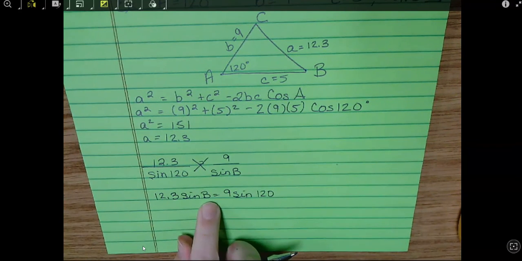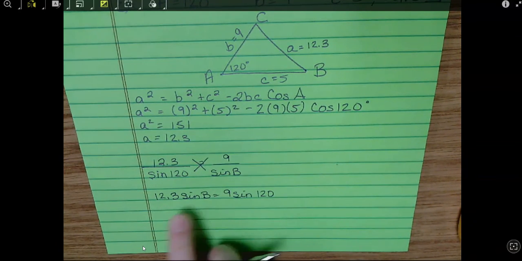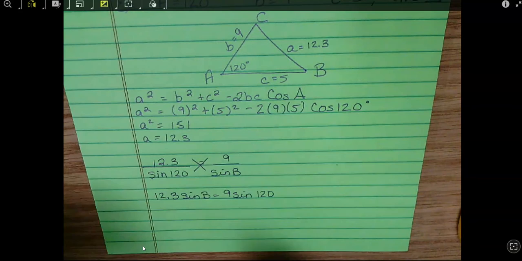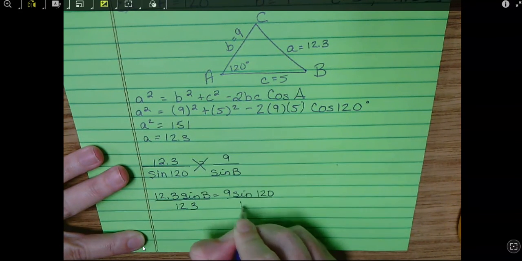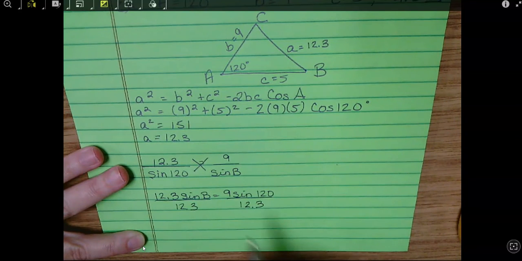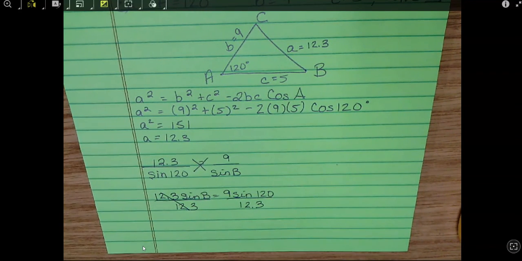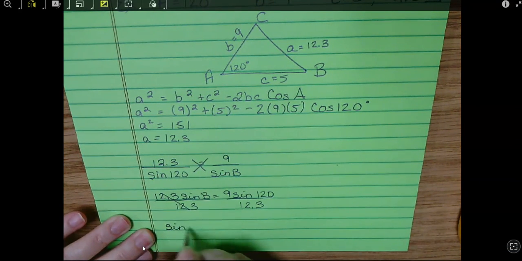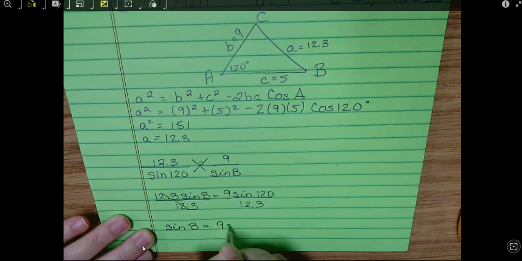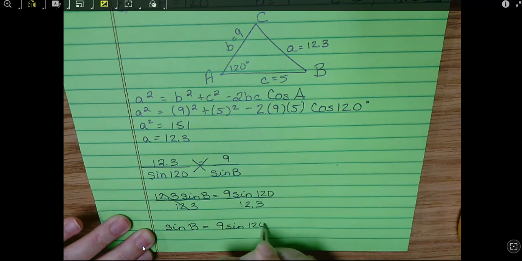Now, we're solving for big B, but we can't get to it right away. So we're going to slowly peel this away. I'm going to take 12.3 and divide it to the right side. Now I'm left with sine B equals 9 sine of 120 over 12.3.